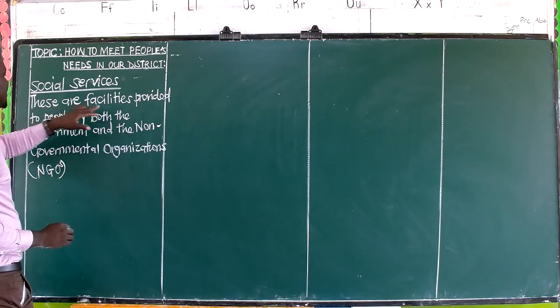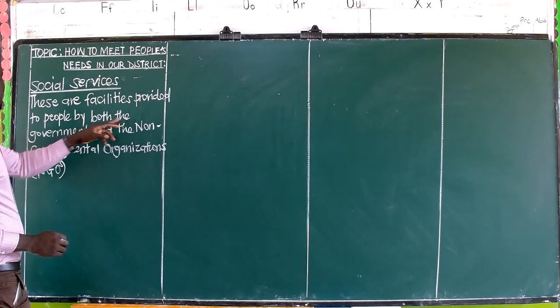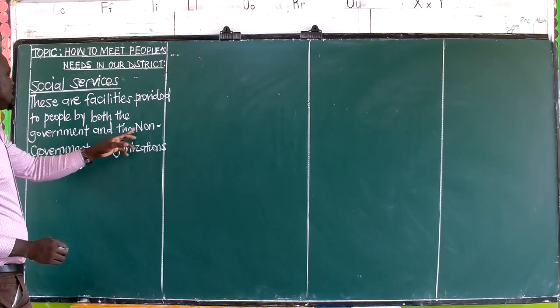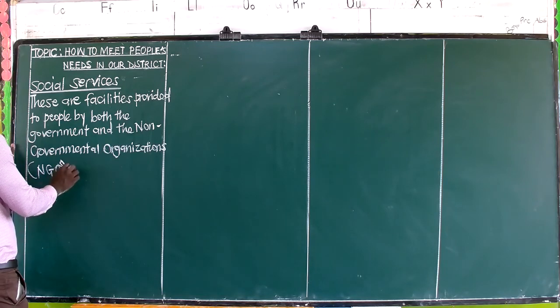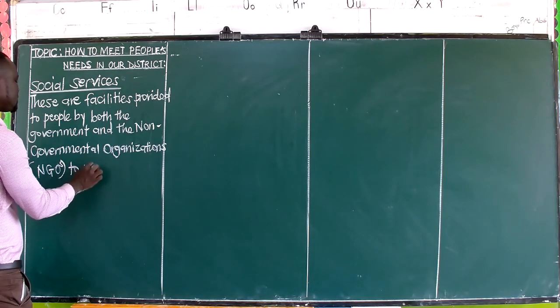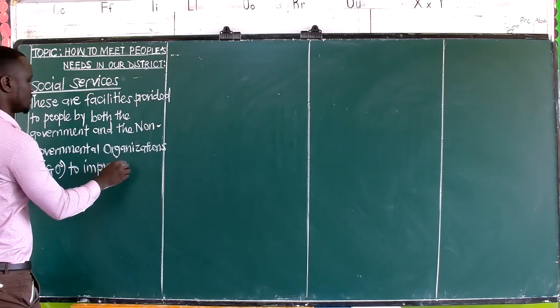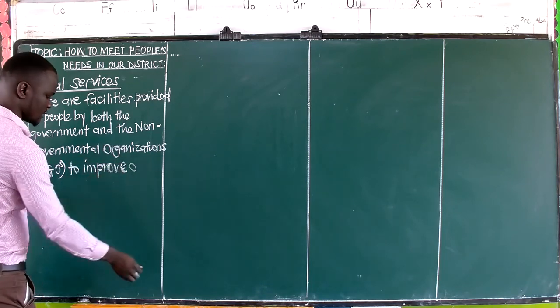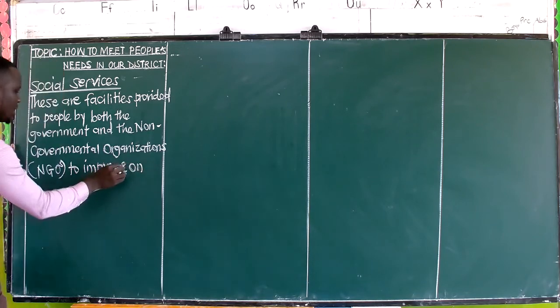We are saying these are facilities provided to people by both the government and the non-governmental organizations, those are what's called NGOs, to improve on their welfare.